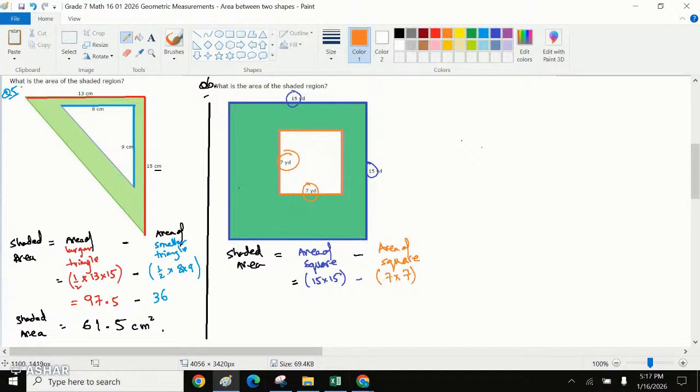So 15 squared would be 225 minus 49, and we can say the shaded area would come out to be 176 yards squared, because the area is supposed to have a square. So we write down the unit and we write down the square.